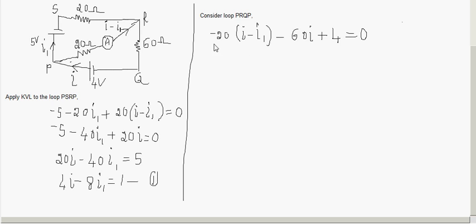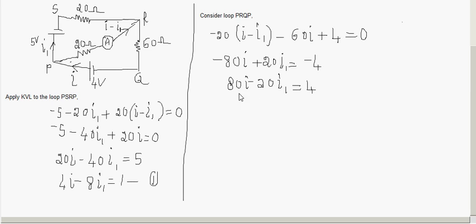Now simplify this equation. 60I plus 20I is minus 80I, plus 20I1 equal to minus 4, or 80I minus 20I1 equal to 4.